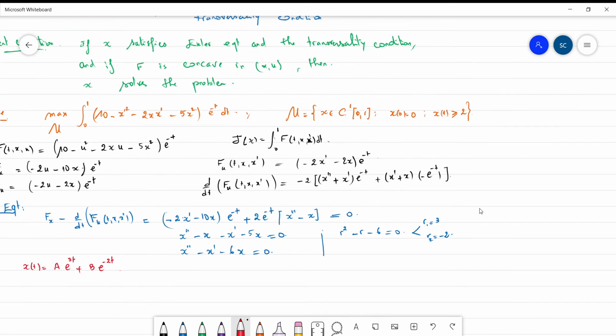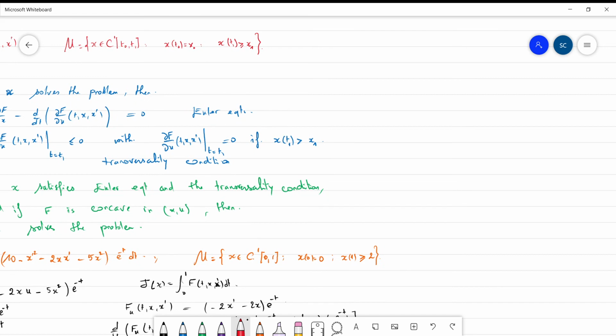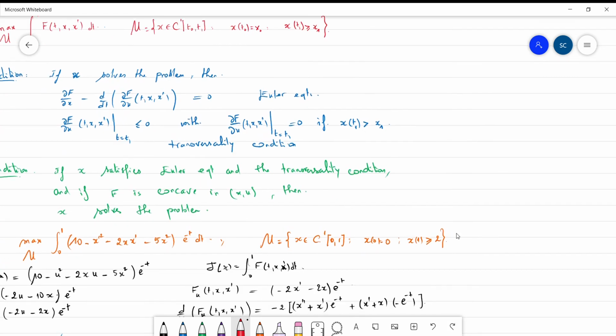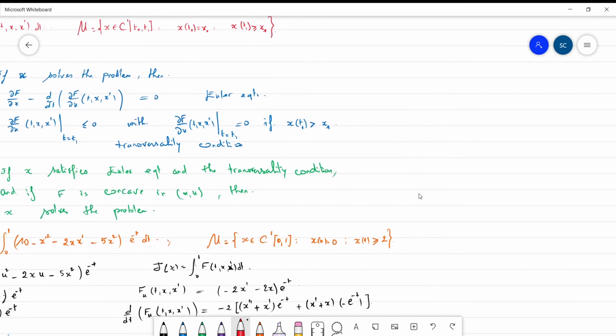Now we need to exploit the transversality condition, interpret the transversality condition. So let's now express it. Let's discuss the case where x1 is greater than 2.